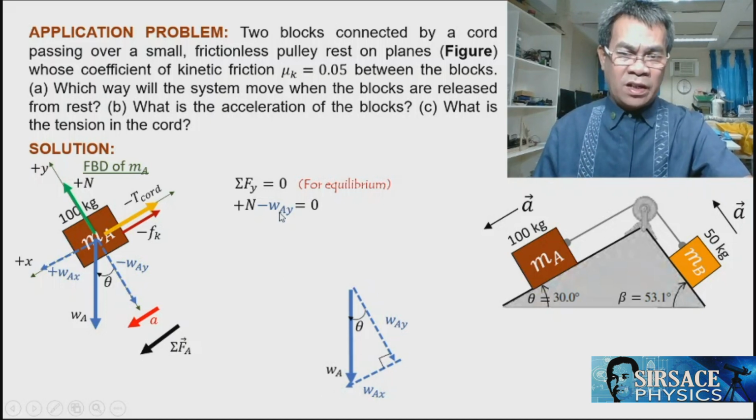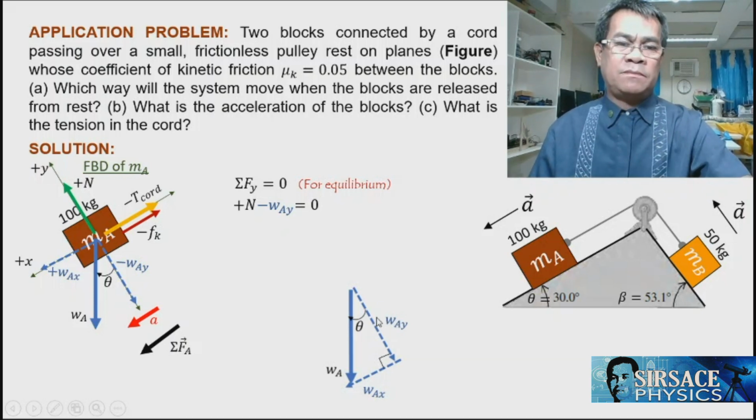So what are WAY and WAX? Now we can solve this because this is a right triangle. This side is our weight, and the weight is mass times acceleration. And this is 30 degrees. So we have two givens, the hypotenuse and the angle theta. In order to solve for WAY, we use the cosine because this is adjacent to the angle. To solve for WAX, we use the sine because this is opposite.